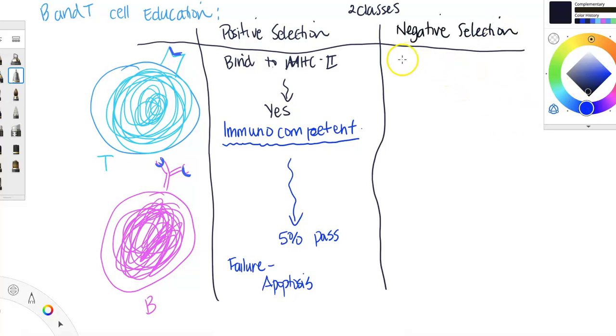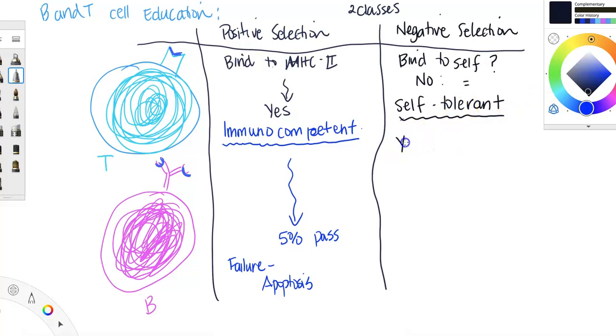And in negative selection, they have to show that they do not bind to self. If they don't bind to self, so if it's no, they do not, then they are self-tolerant.